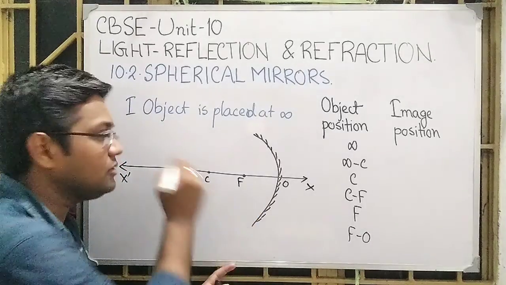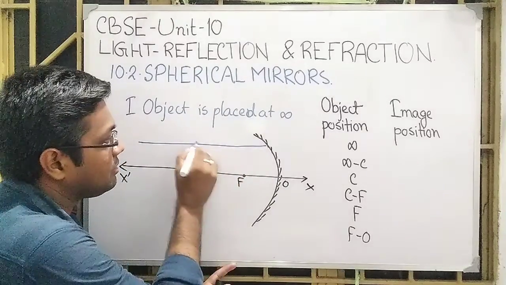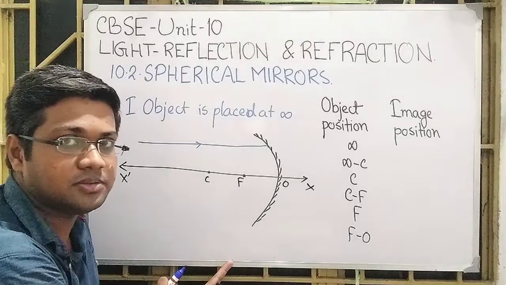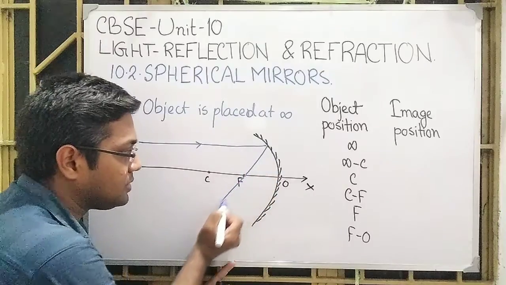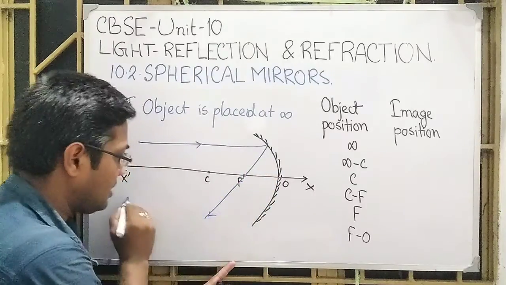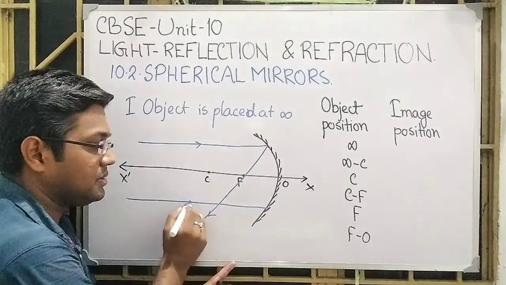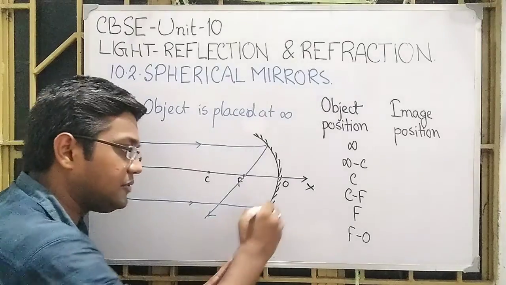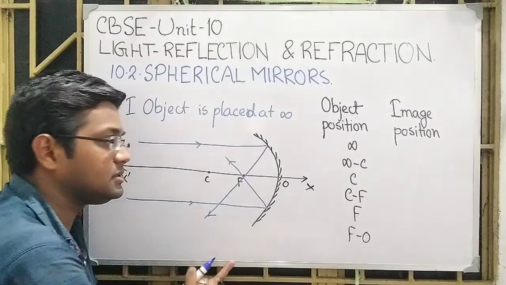Okay. So if the light rays incident on the mirror are parallel to the principal axis, then following the first rule of reflection, it should pass through the focus. If I take another light ray which is also parallel to the principal axis, after reflection it will again pass through the focus.